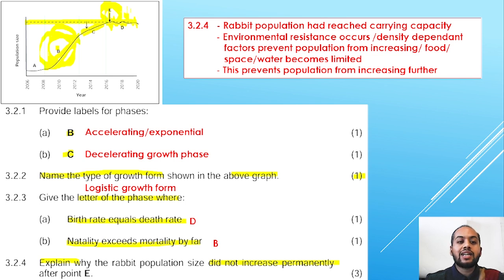Environmental resistance came into play. This is going to cause density-dependent factors to start occurring, where the rabbit population experiences a shortage of food, space, water, shelter, etc. And this then prevents the population from increasing further. 3 marks for 3.2.4. Here are 3 points that you would have given for 3.2.4.